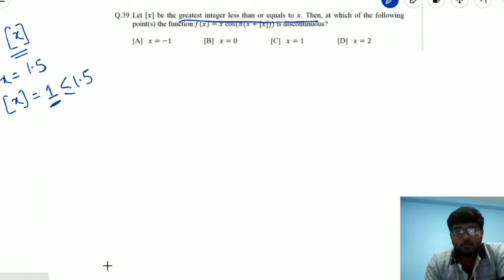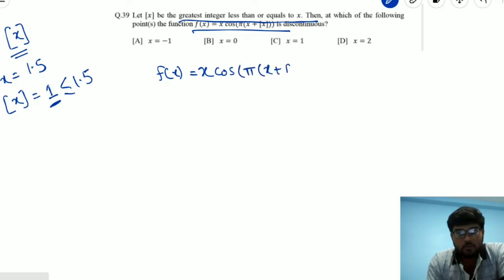Now a function is given: f(x) is equal to x cos(pi(x plus box x)). We are going to check at which point this function is discontinuous.